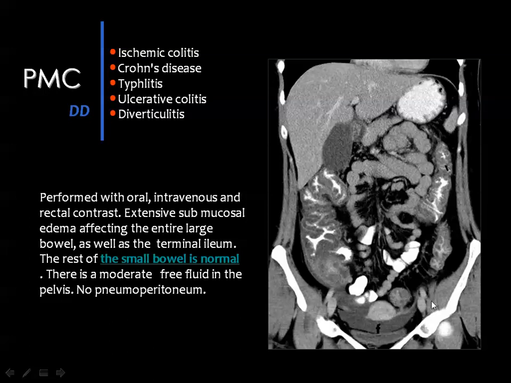And you have to differentiate this from many other lesions which may produce mural thickening and mucosal edema, like ischemic colitis, Crohn's disease, typhlitis or neutropenic colitis, ulcerative colitis, and diverticulitis.